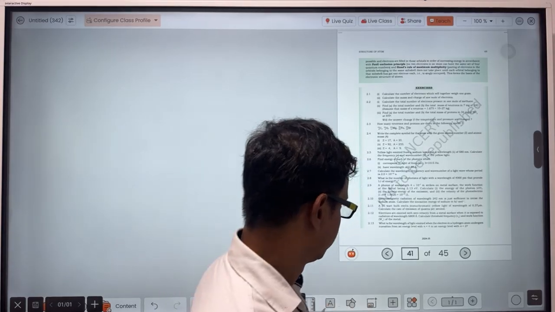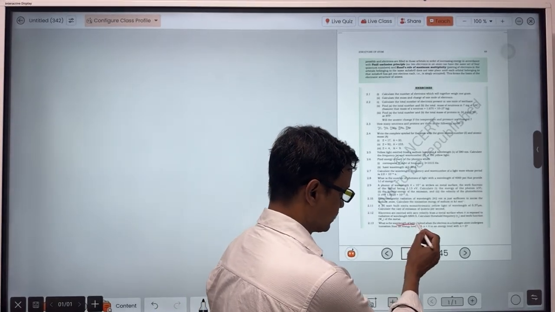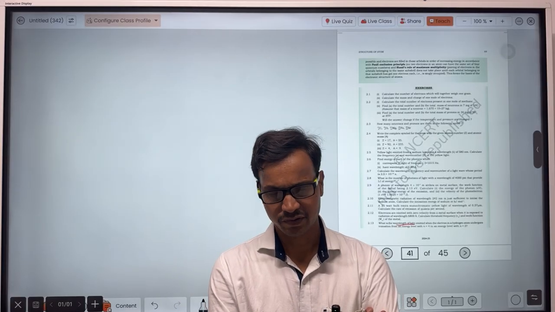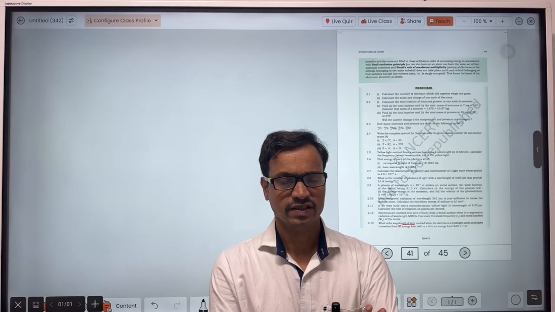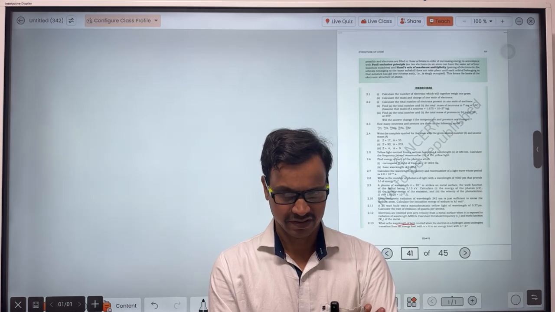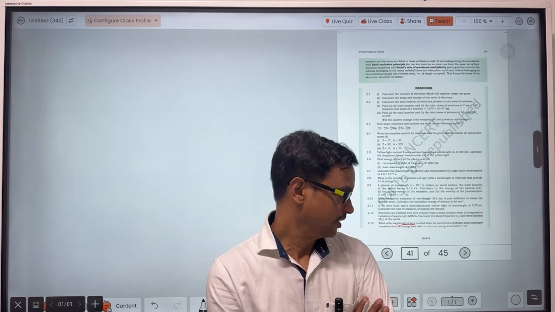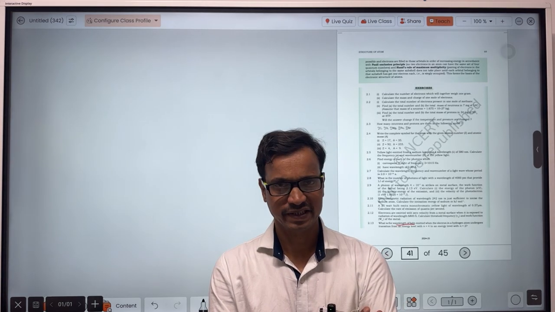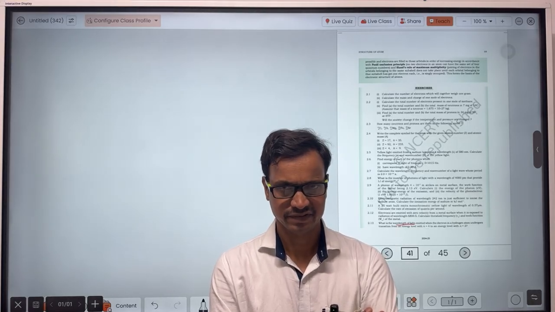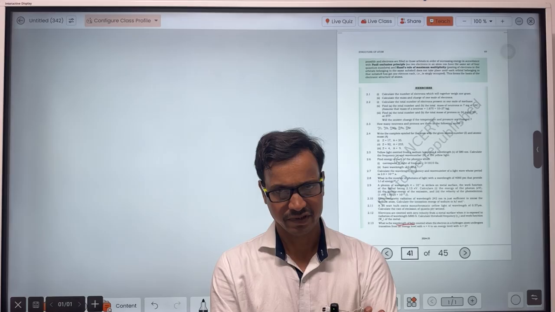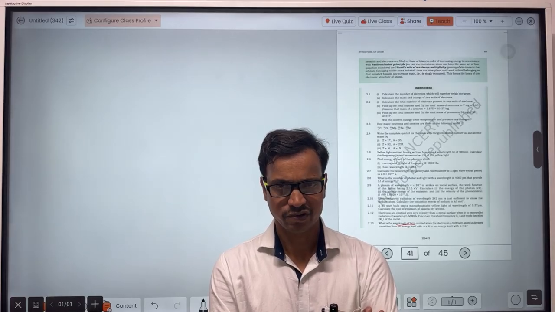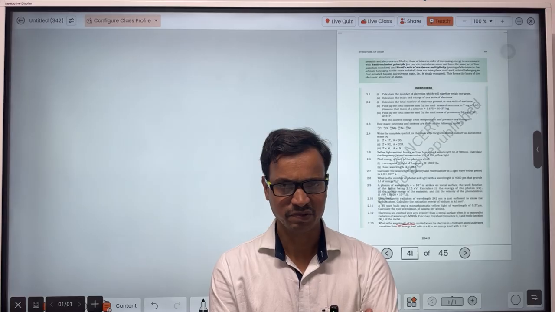So the energy when the electron revolves in the fourth shell, and then the energy in the second shell, the difference will be equal to the energy of the photon released during that process.